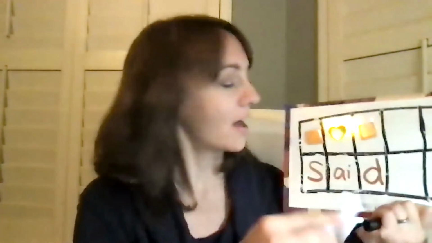That middle part, we might think that it should be an e, but it's not. It's a tricky sound. It's a sound we need to learn by heart. The letters ai in the word said make the e sound. And then you can put a heart around it or however you want to do that.